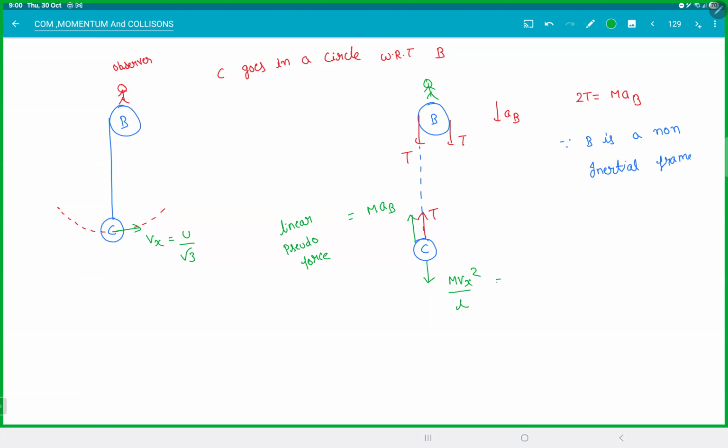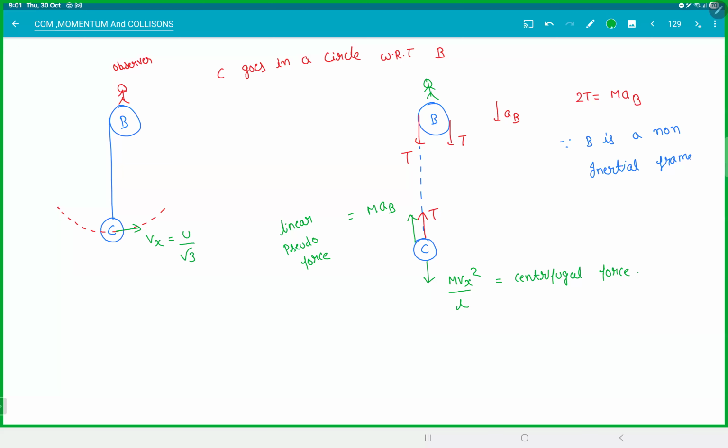This is your centrifugal force because you're going in a circle. There are actually two pseudo forces. If you go back to the circular motion, this is d square r by dt square. Let's not get into that.